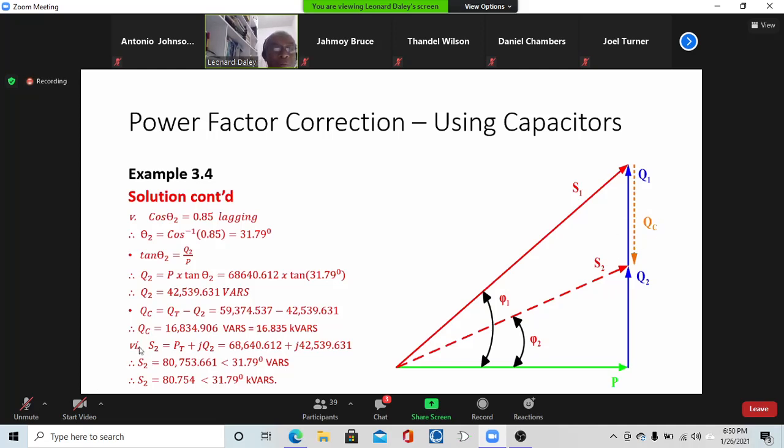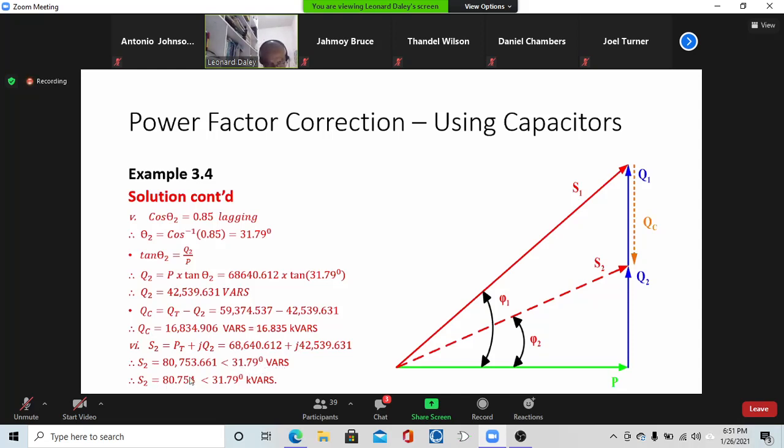Now, they want to find the new apparent power of the system. So the new apparent power would be the PT plus JQ2, and that works out to be 68.64 plus J42.54, which gives me 80,753.66 at angle 31.79.